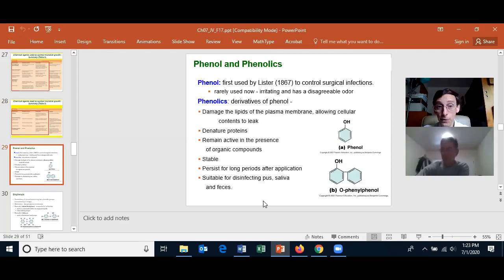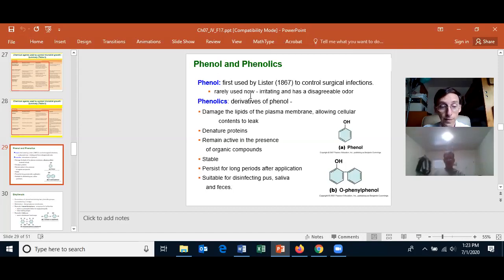It's not used anymore. For one thing, it's not a very good disinfectant. It's also irritating to the skin, it has a disagreeable odor, and it actually is a carcinogen. So you'll be pleased to know that we don't use that on patients anymore. Okay? It was also corrosive on the surgical instruments.